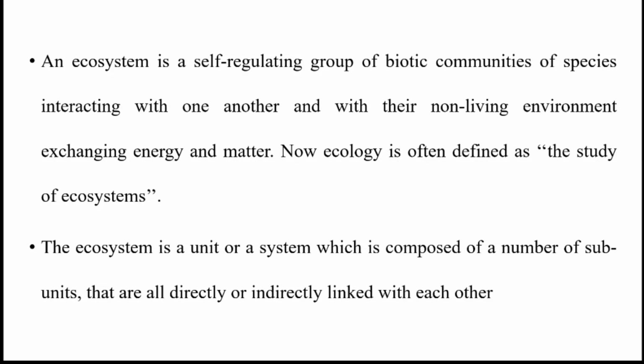Now, ecology is often defined as the study of ecosystems. So ecology is a broad term and it consists of many ecosystems, and the study of various ecosystems is known as ecology. Then an ecosystem is a unit composed of a number of subunits that are all directly and indirectly linked with each other.